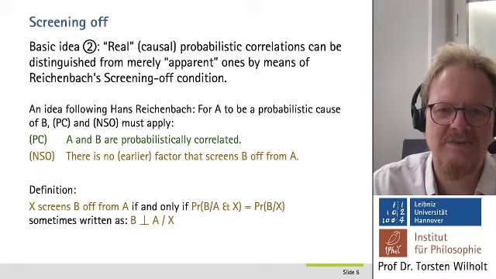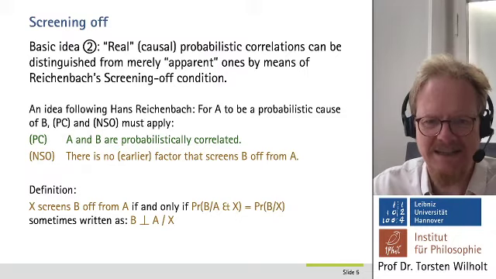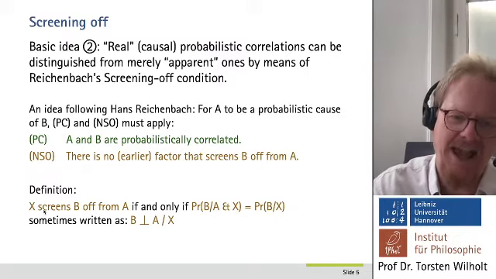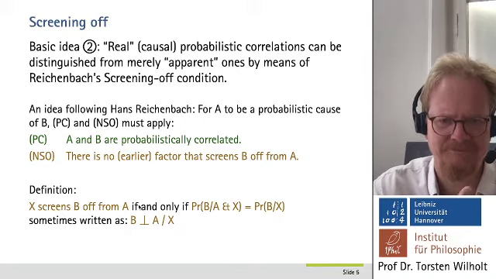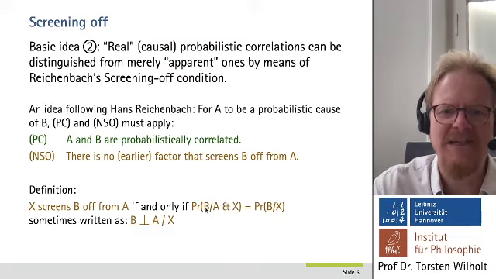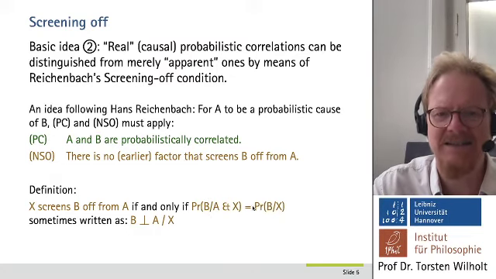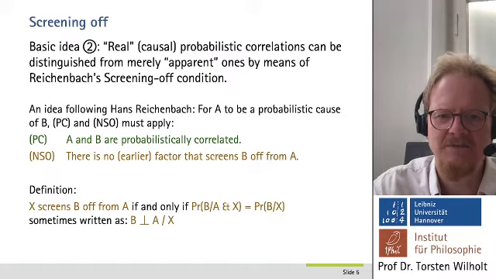And now screening off is defined as conditional probabilistic independence. So X screens B off from A if and only if the probability of B given A and X is the same as the probability of B given X alone. And this is sometimes written like this.